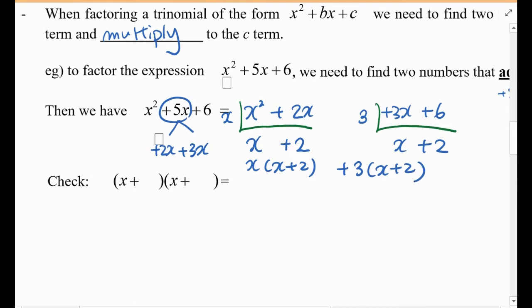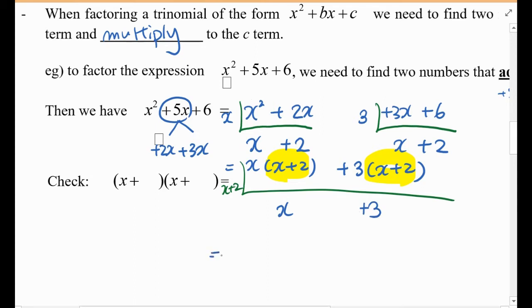Okay, after that, we have this equation. Do you see any common factor here? Anything in common? So yes, we see x plus 2, x plus 2. So we can factor out x plus 2, right? Then we have x here, and we have positive 3 here.